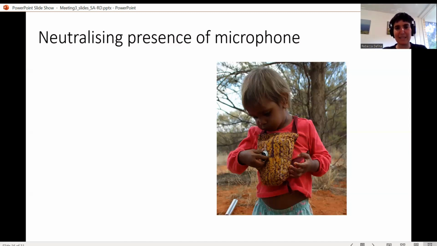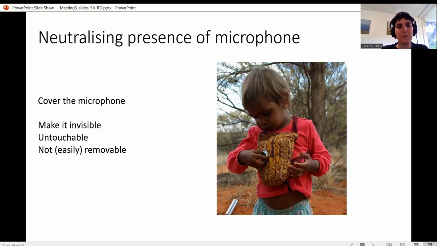The microphone's hidden in the bag. The child ignored that, but spent a lot of time focused on these little cameras. And so it's really good to cover the microphone, make it invisible, untouchable, so that the child isn't touching the microphone and you're getting the noise of that on the recording, and ideally to have it not easily removable by the child.